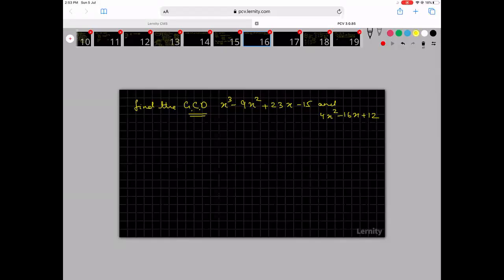Please try to work out the way I said. Then we'll try to find the remainder of the last but one step. So please work out this question: find the GCD of x cube minus 9x square plus 23x minus 15 and 4x square minus 16x plus 12.